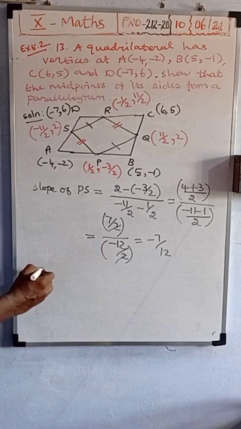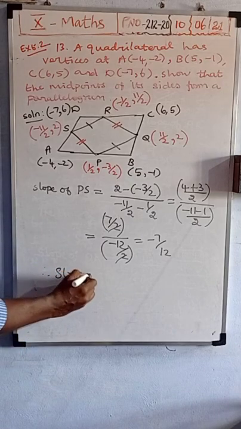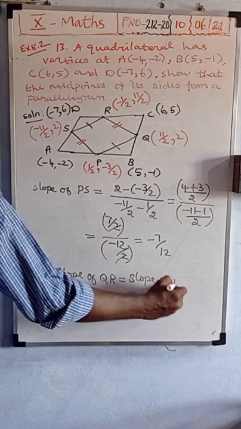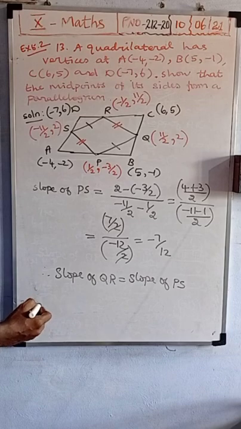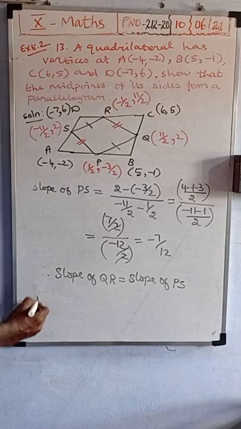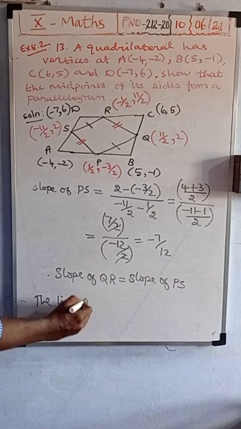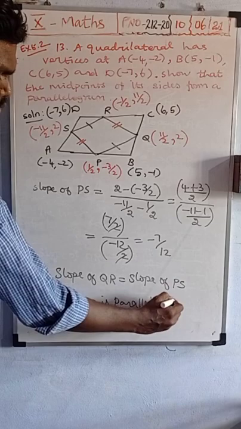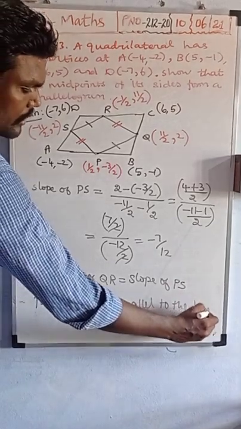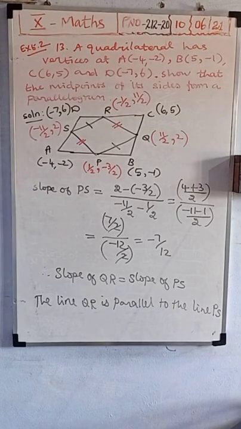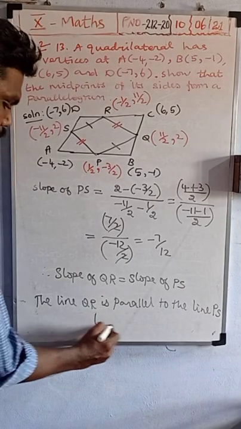Therefore, the slope of QR is equal to the slope of PS. These two slopes came out equal. Slopes are equal, so the lines are parallel. Hence the line QR is parallel to the line PS. This is equation 2.